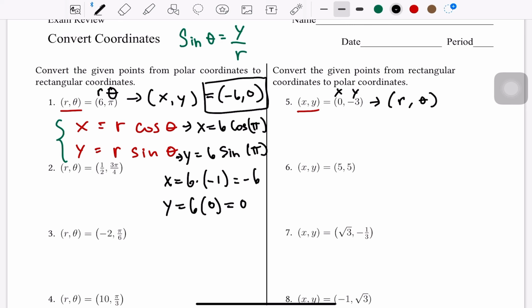Now, how do we obtain that? Well, looking back, recall that theta is equal to a function that includes both y and x. And the only function that's going to do that is tangent, and that is y over x.